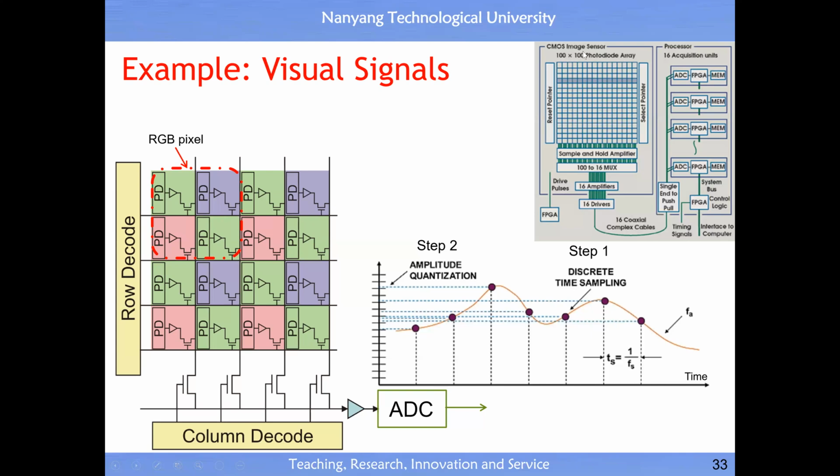And in practice, you may have more than that. If you look at your camera, it's 10 megapixels, right? It's a lot. Then this is 100 by 100. When we read out the signal, it is row by row, then column by column to ship out. So again, you use this concept like MISO, multiple input, single output.